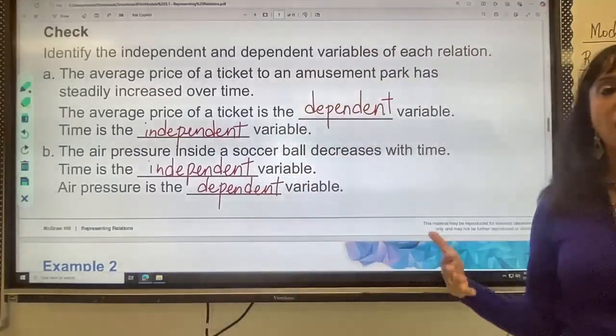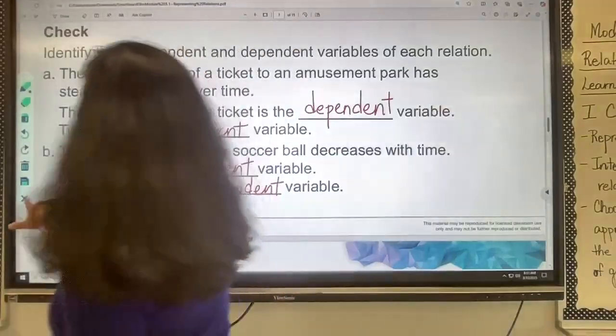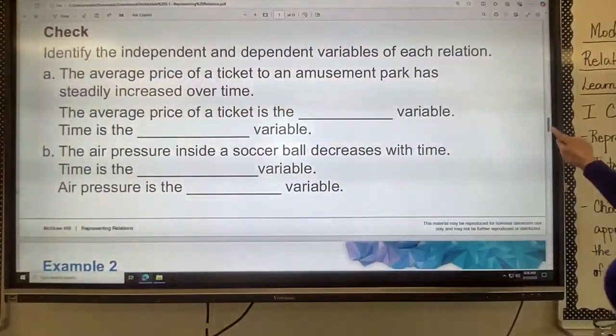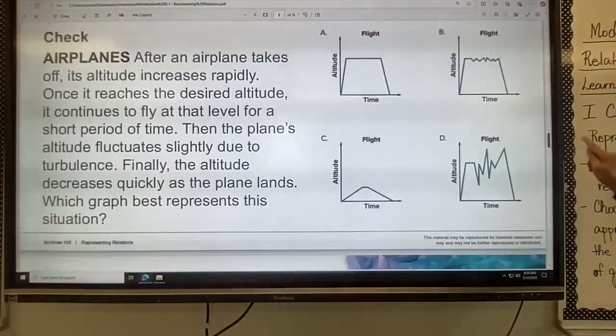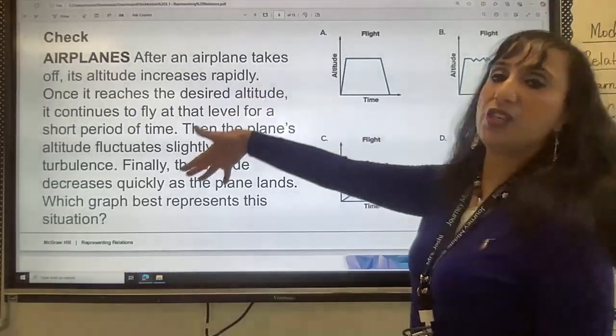Okay, so just doing a quick review of independent and dependent. Okay, let's look at another graph. Let's look at this graph. And then we are going to analyze and see which graph is fitting the situation.